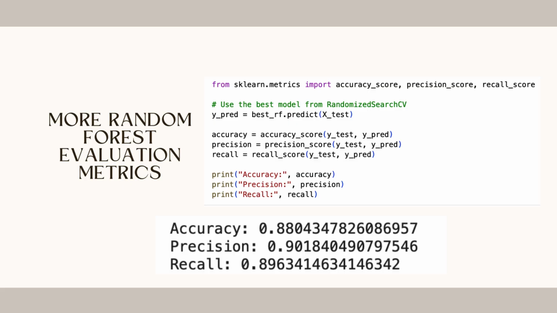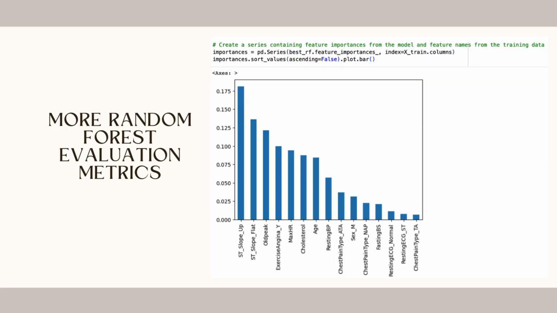Numerically, the model reached around 88% accuracy with precision a little above 0.90 and recall around 0.89. So overall, the random forest is quite strong in detecting patients with heart disease while keeping the number of false alarms under control.